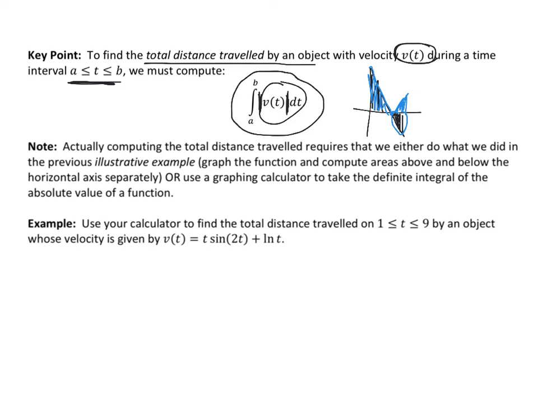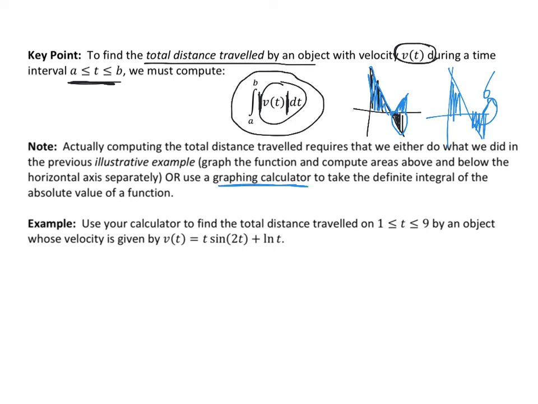Okay? Now, I want to note here, actually computing the total distance traveled either requires that we did, in the previous illustrative example, where we looked at this thing and found this area and then changed this area into a positive, or sometimes you can just use your graphing calculator.